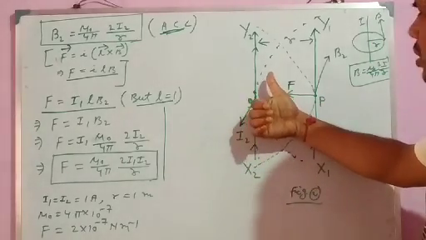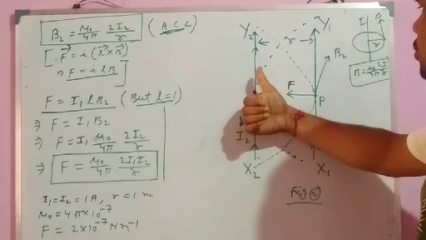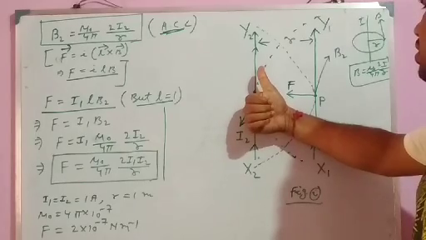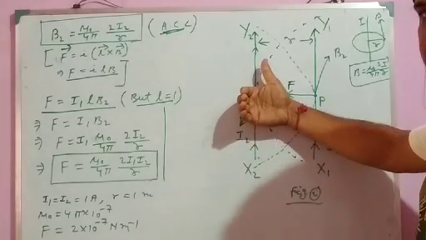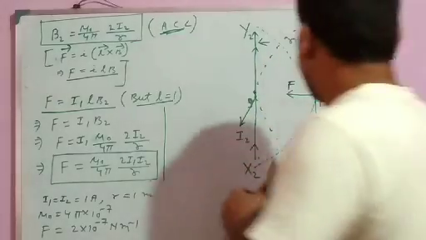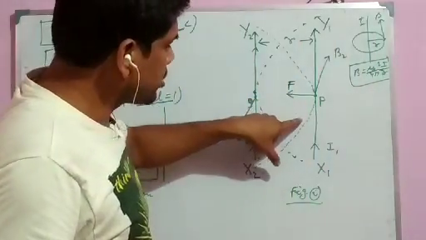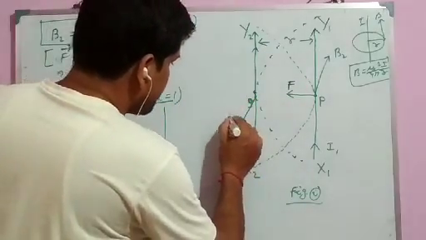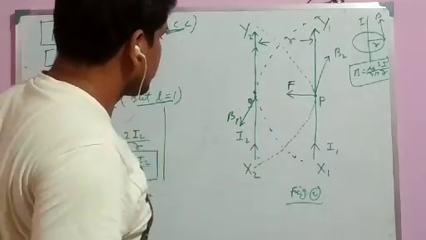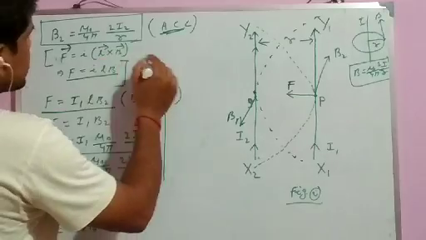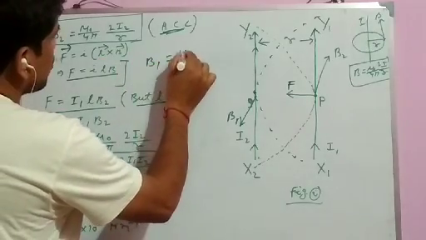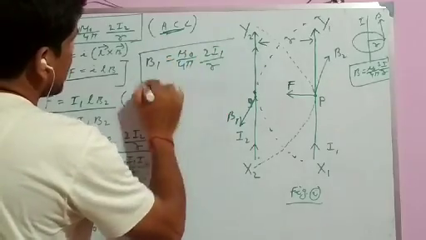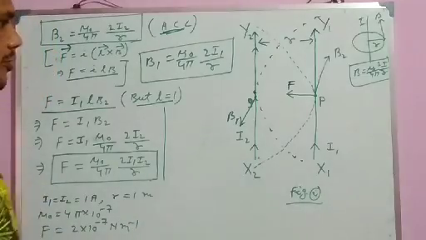Similarly we use the right hand thumb rule: hold the current carrying conductor, the thumb indicates the direction of the current, and the fingers curling give the direction of the magnetic field. If the magnetic field at point Q due to X1 Y1 is denoted by B1, then B1 equals mu naught by 4 pi into 2 I1 by R.